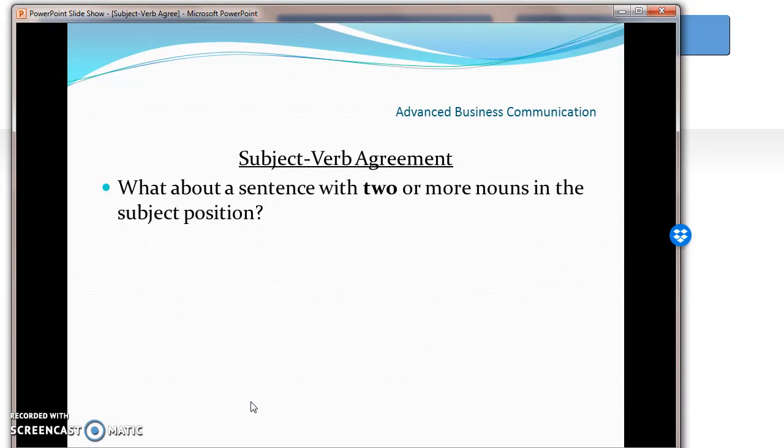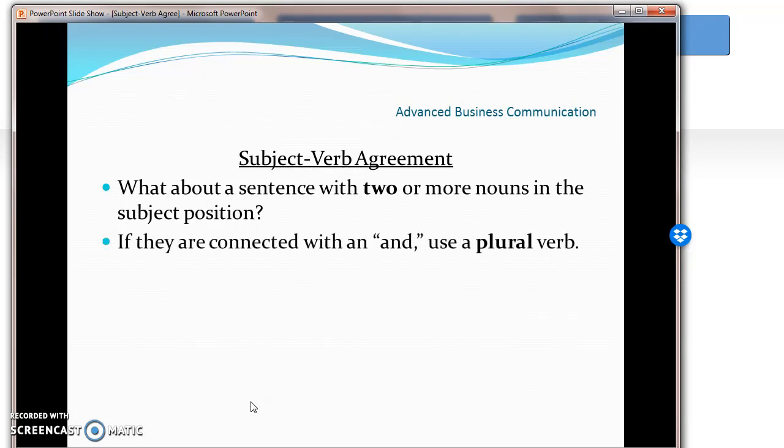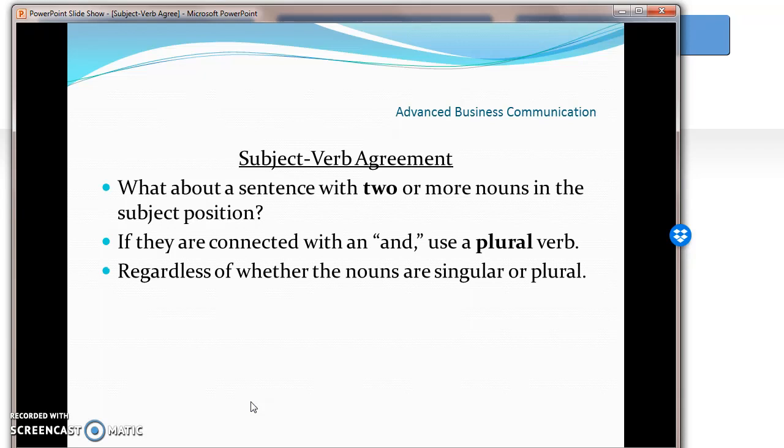It gets a little more complicated when the subject is more complex. So what happens when you have a sentence with two or more nouns in the subject position? Then what kind of verb do you take? There are some different rules here. If they are connected with the word and, you use the plural verb, regardless of whether the nouns are singular or plural.